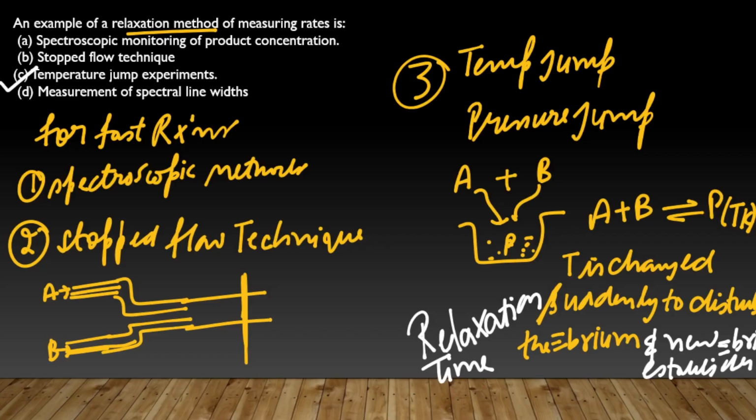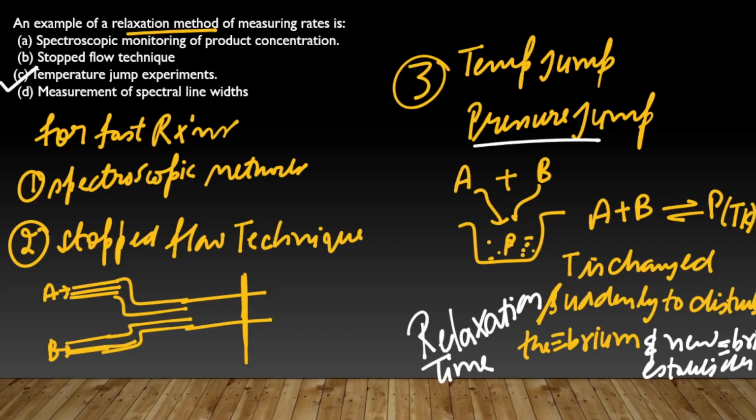Similarly, just as we bring a sudden change in temperature, you can also bring a sudden change in pressure. You change the pressure at an equilibrium, and a new equilibrium is again established. So the time gap between them is called the relaxation time, and this is also one of the relaxation methods. Okay.